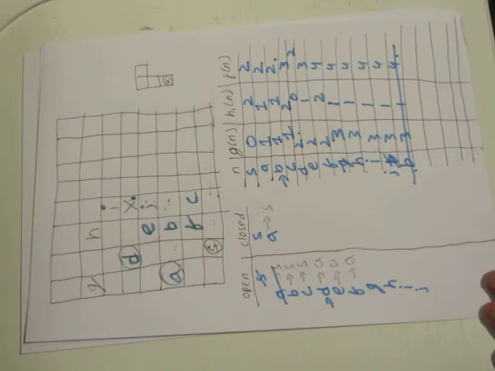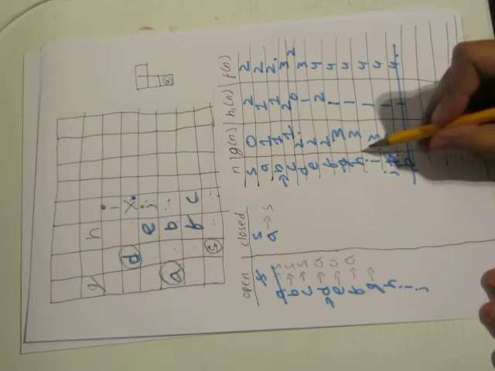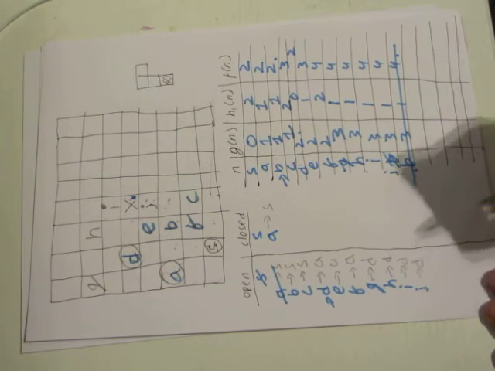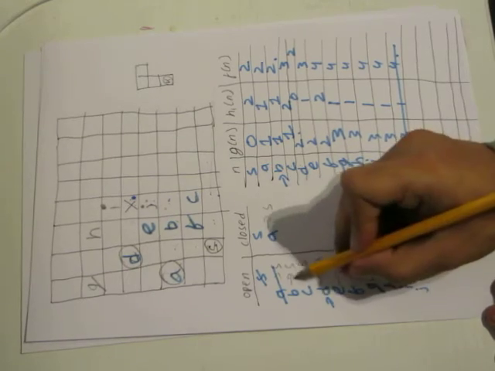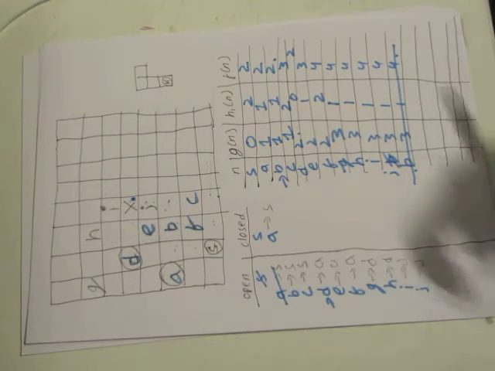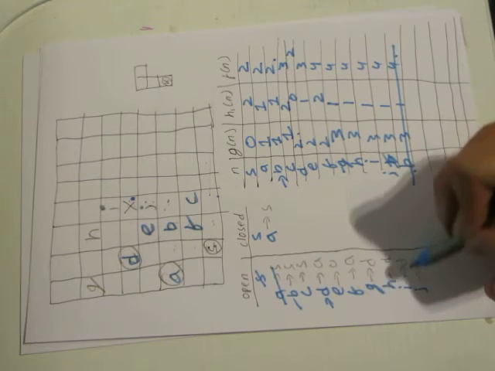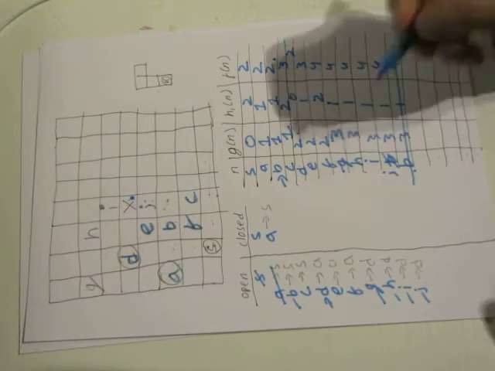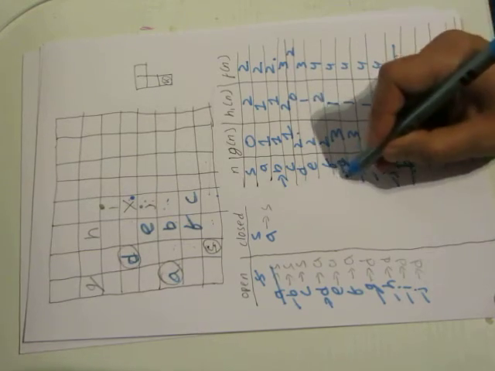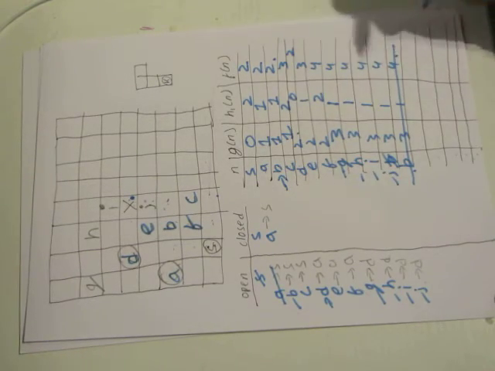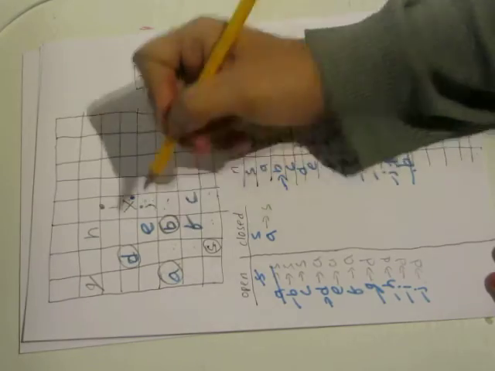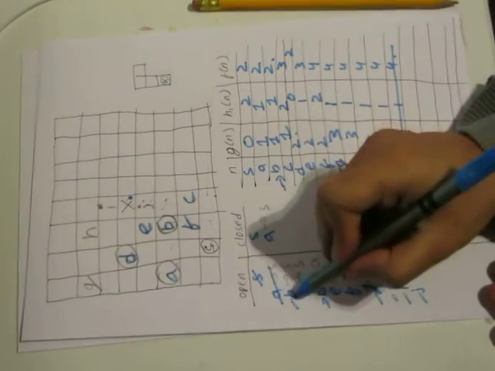So G is pointing to D, and the others are pointing to D. We don't put the new B, but B is pointing to S. So these are the new candidates, and out of them B has the smallest value, so we choose B. We go to B and put B to the closed list.